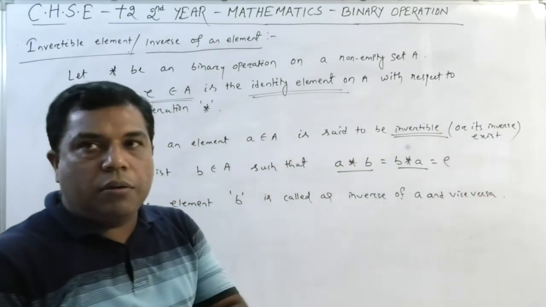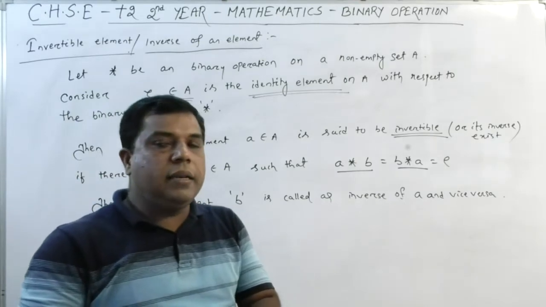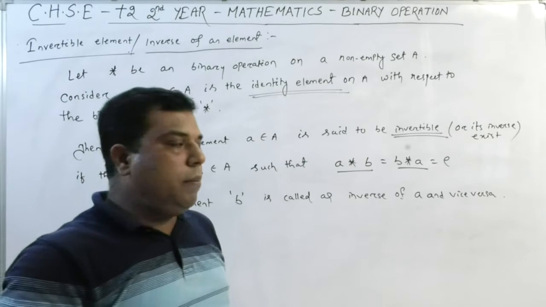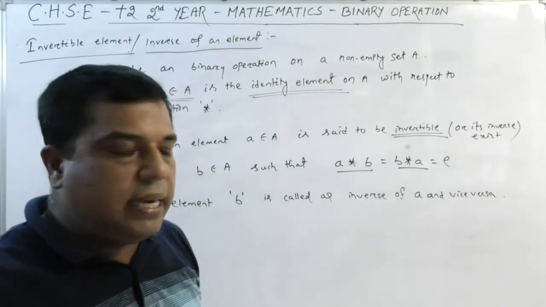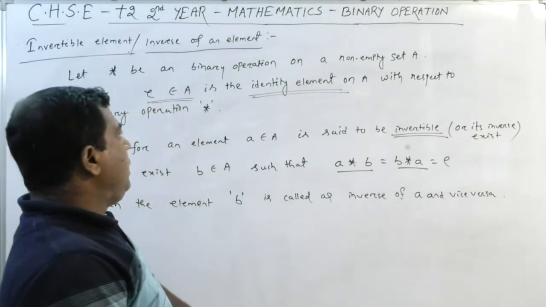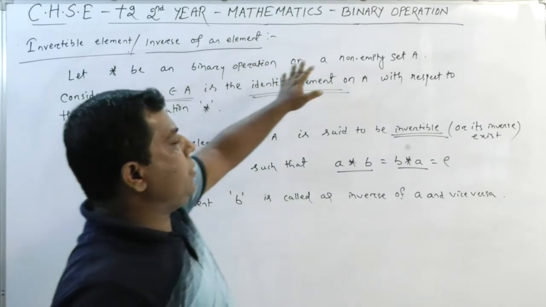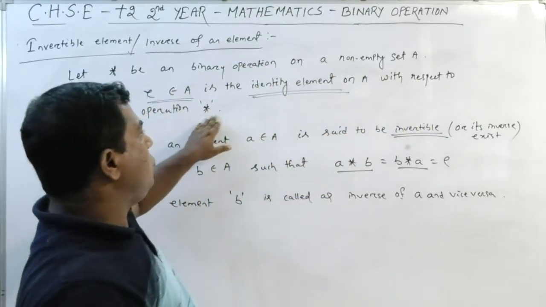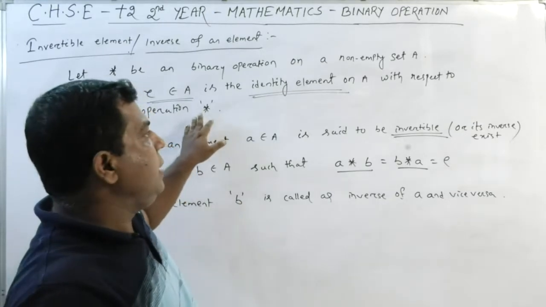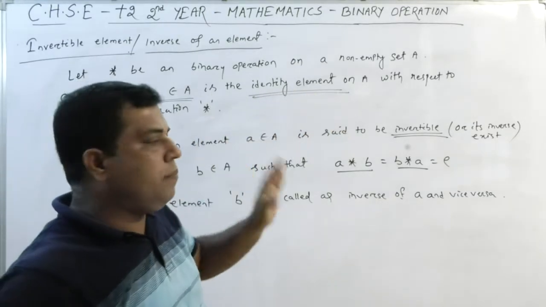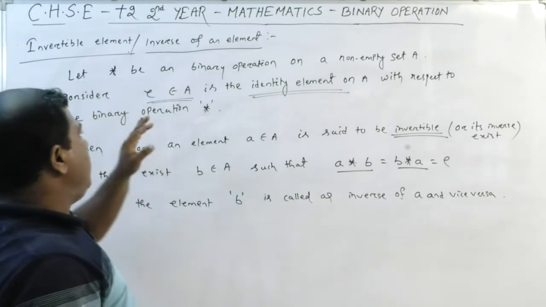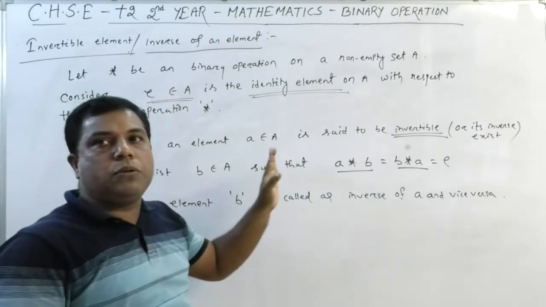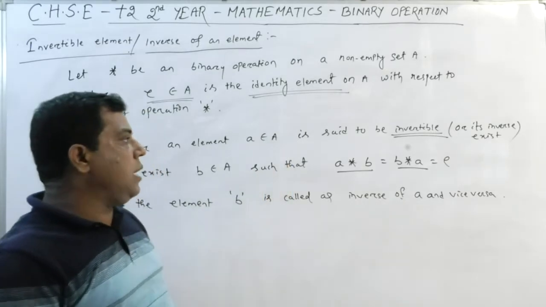So now let us again try to learn the concept of invertible element. We have a non-empty set A and a binary operation denoted as star defined on A. Here E is considered the identity element with respect to the binary operation star.